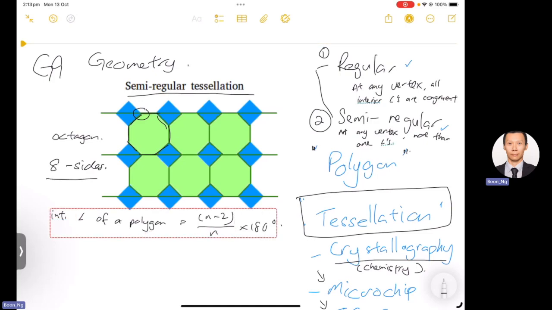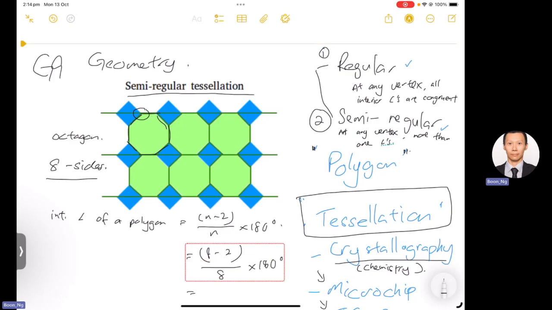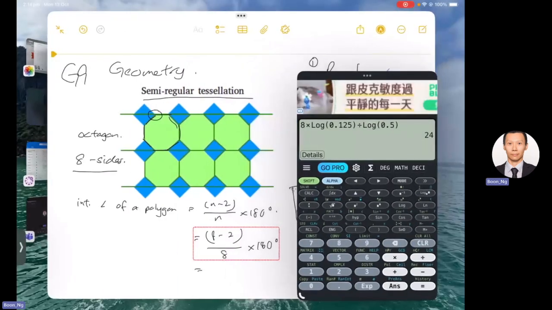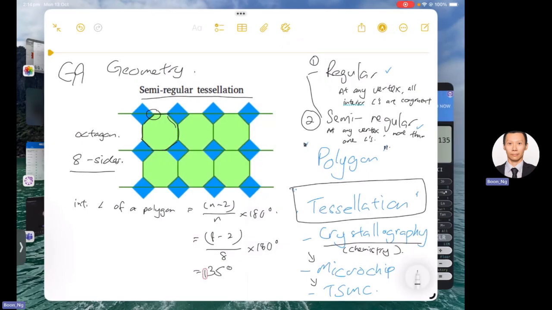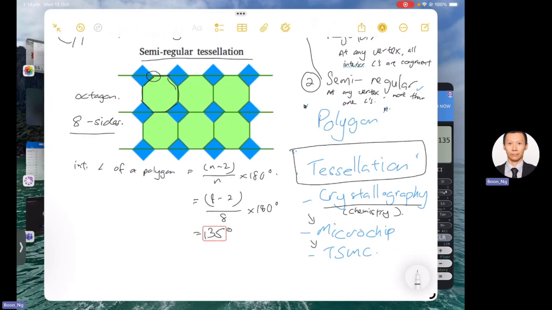So here this is 8 minus 2 divided by 8 times 180. If we are using a calculator, 6 divided by 8 times 180, so it's 135.